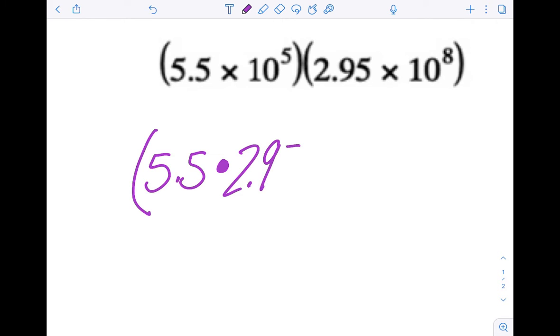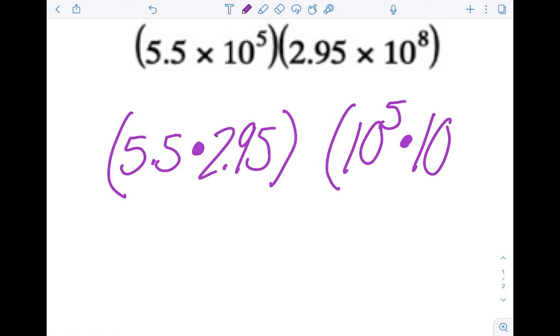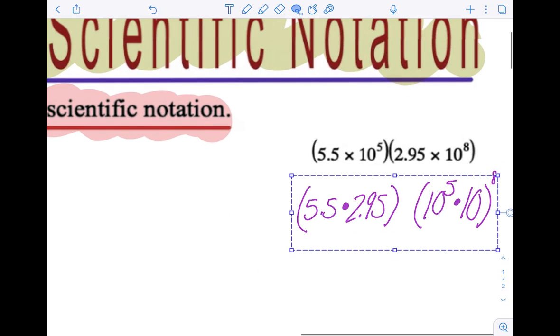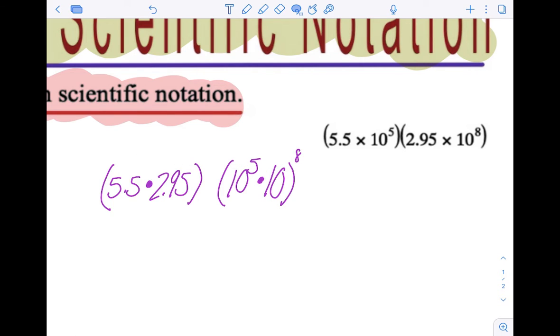And separately, I'm going to do the exponents, 10 to the 5th times 10 to the 8th. And I'm actually going to move this over a little bit because I have room here. So, sorry about that, that was weird.